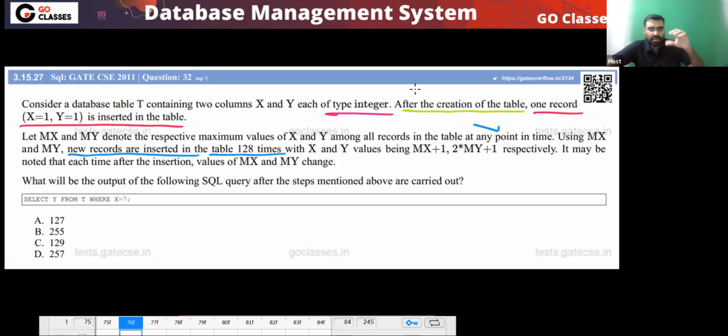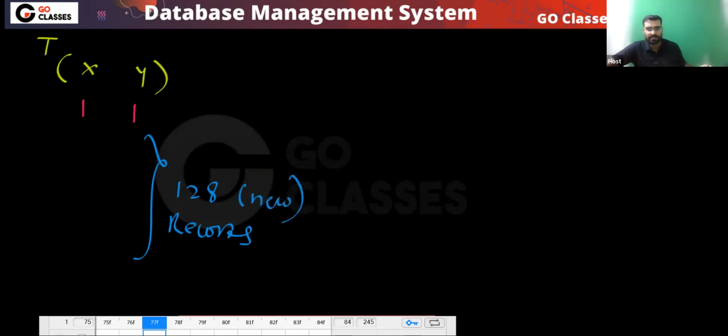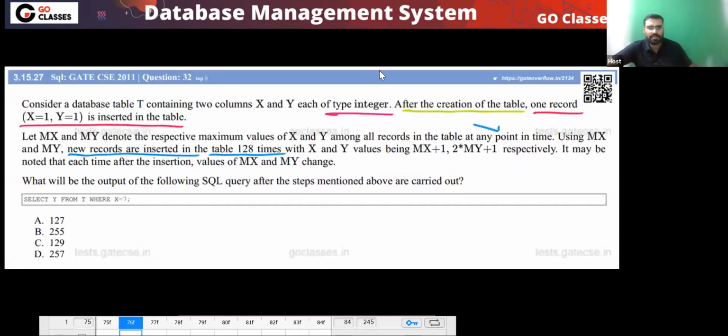The question is saying new records are inserted 128 times. So after these 128 records are inserted, is this clear? Read the question, is this clear to everyone?